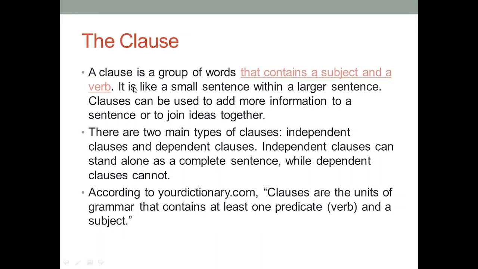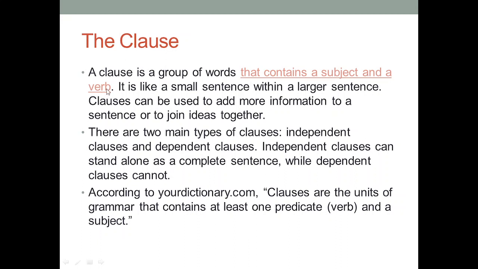We learned subject and predicate in the previous video, so you can check it out. After you have understood what a subject and a verb are, you can come to this video. A clause is a group of words that contains a subject and a verb.